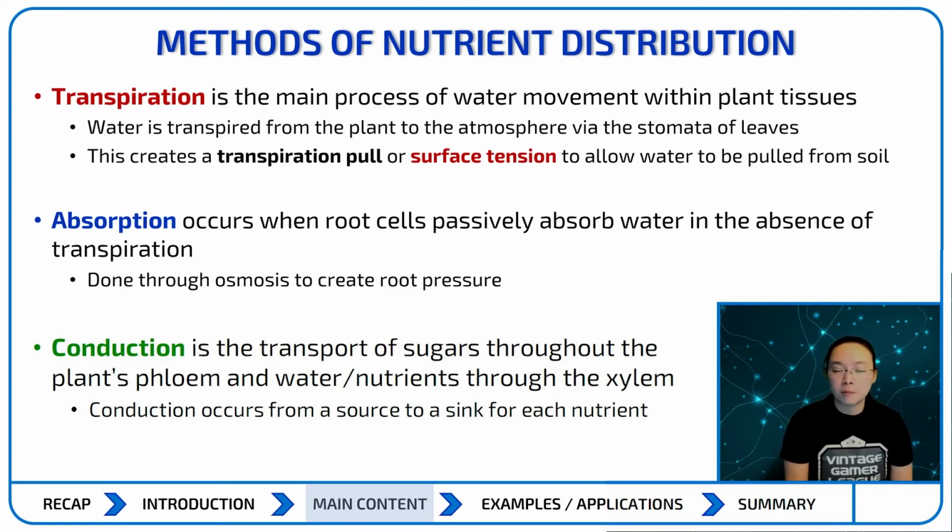So if we ask you a question on a multiple choice portion of a test, and we state that we're looking at the transport of nutrients that are already in existence in the ground, you should be able to name the source and the sink correctly.